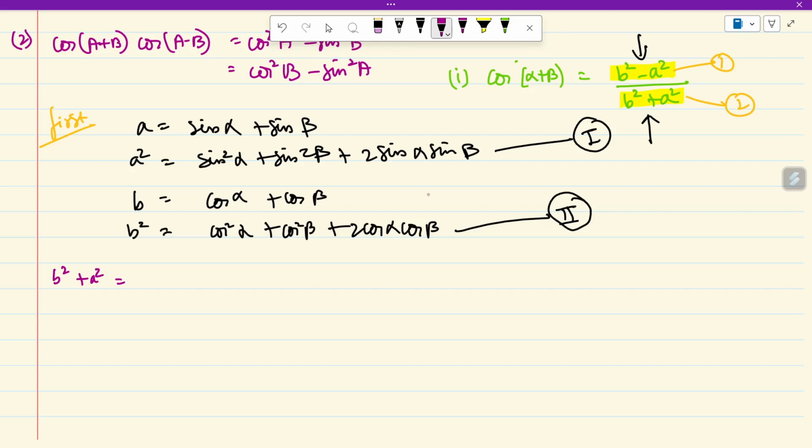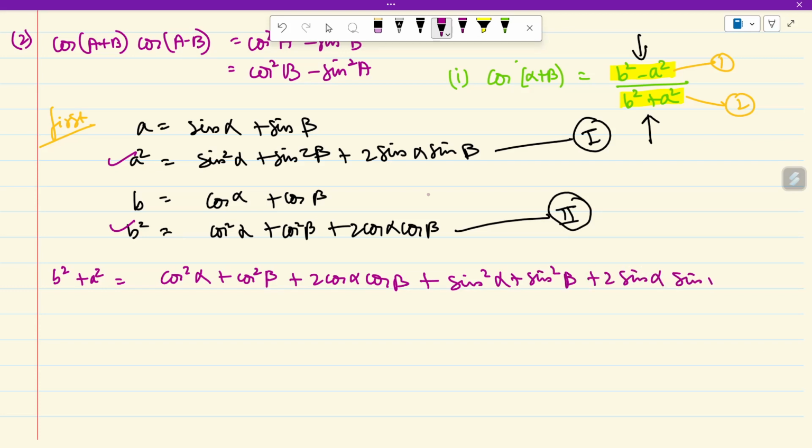As per the above values of A square and B square, B square plus A square is cos square alpha plus cos square beta plus 2 cos alpha cos beta plus sin square alpha plus sin square beta plus 2 sin alpha sin beta.